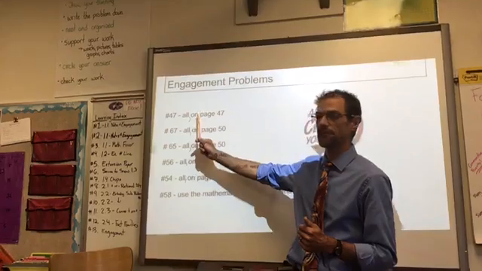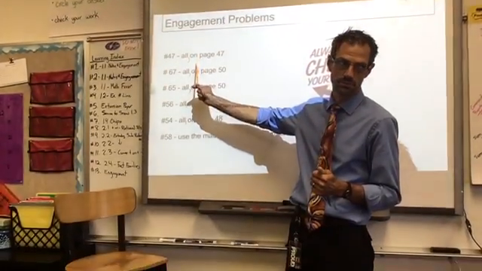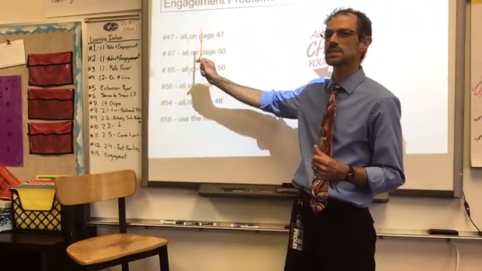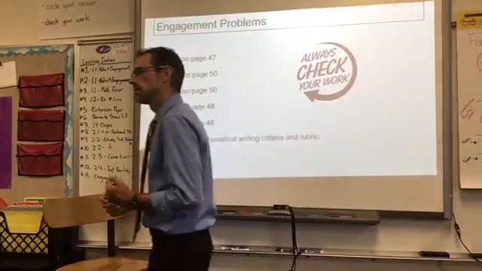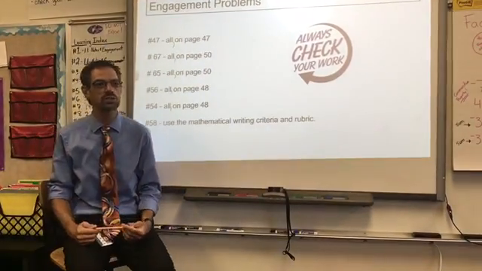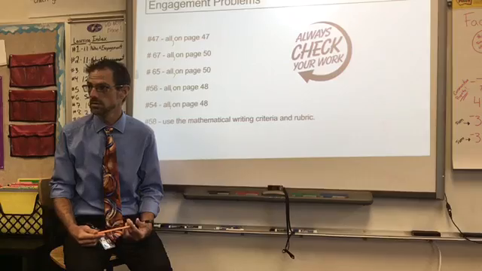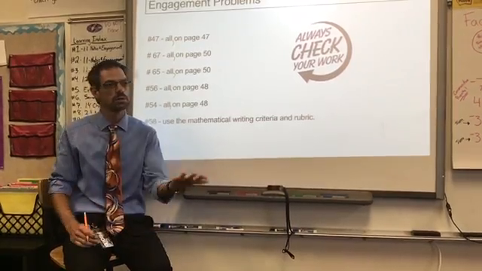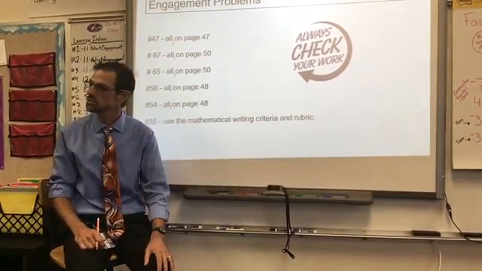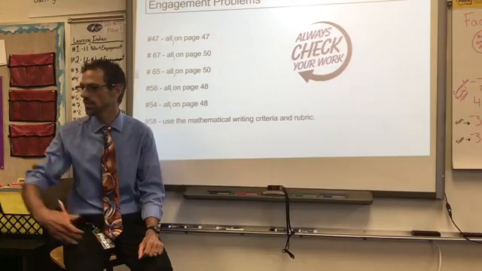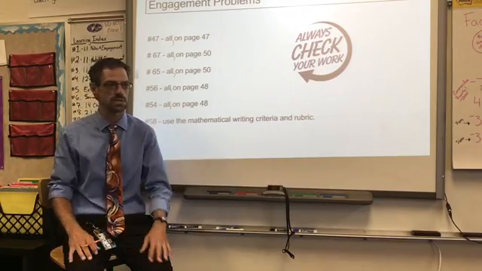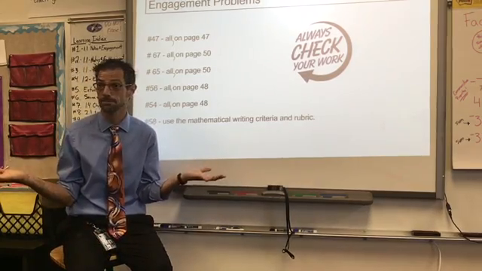I'm going to give you some scaffolding for 47. When it asks you to explain in words, they're asking for a number story. A number story is like, Bob went to the market, he bought 2 apples. He gave 1 apple to Michaela. How many apples does he have left? That's a number story.